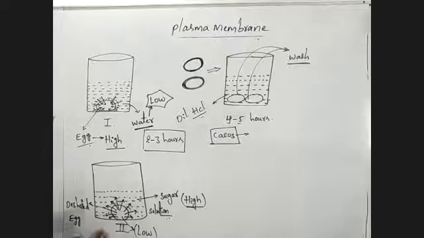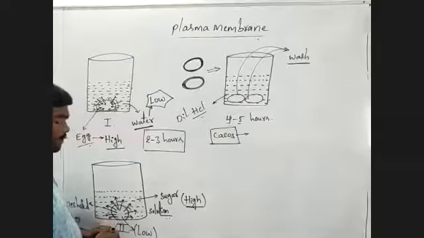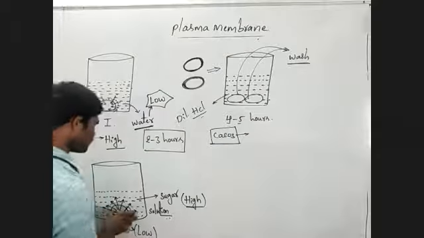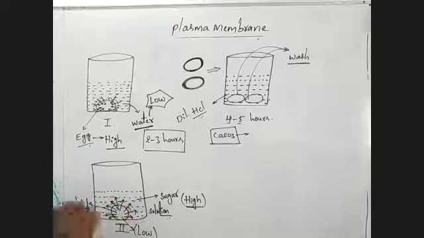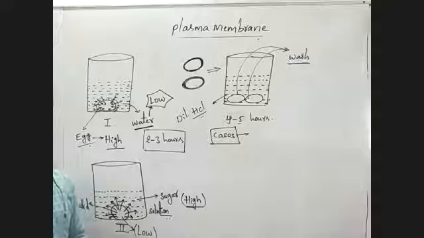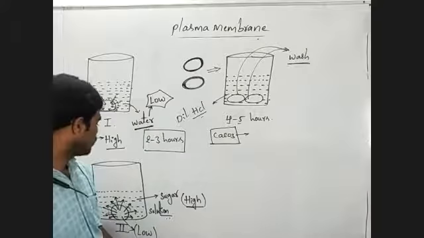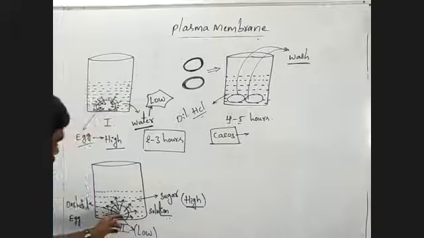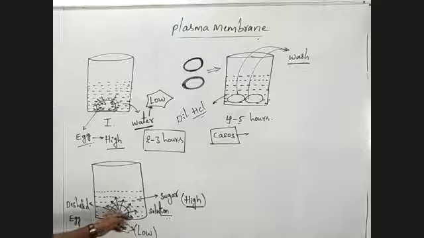Understanding? Because of this exit of water from the egg, the circumference of the egg decreases. When water is lost, the size of the egg becomes decreased.